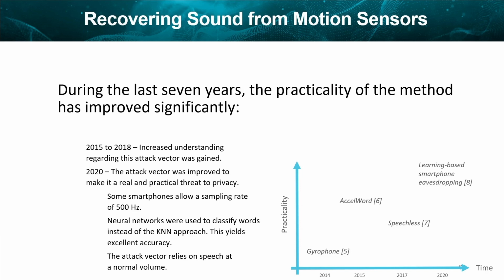And also they used a different type of classification method: neural networks were used to classify the isolated words instead of the KNN approach that was used by the Gyrophone authors. And this yields excellent classification accuracy. Also, in their case, the attack vector relies on speech at normal volume rather than high volume, as was the case with Gyrophone. And as a result, they made the attack very practical.